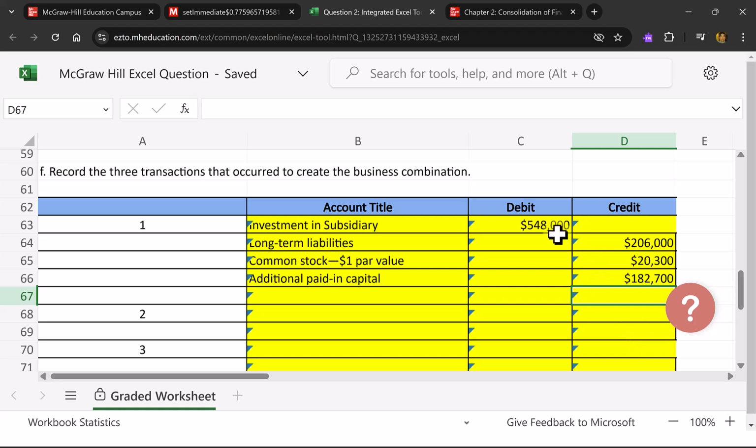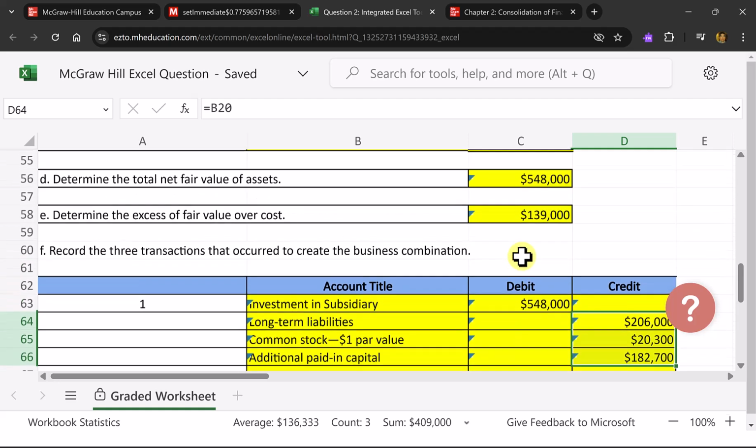Am I balancing? Let's see if I can add up these three credits just by dragging over them. And here you can see it only totals to 409,000. And I have debits of 548,000. So we know that the excess, is it here?